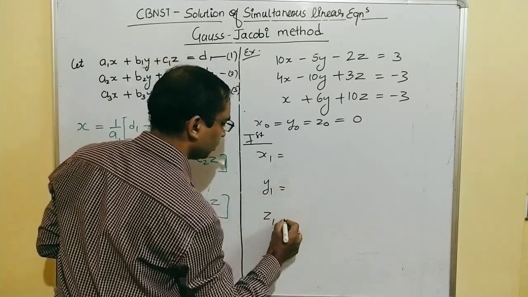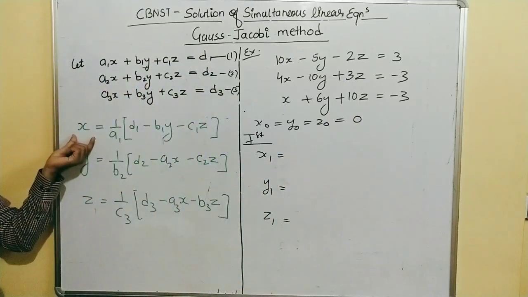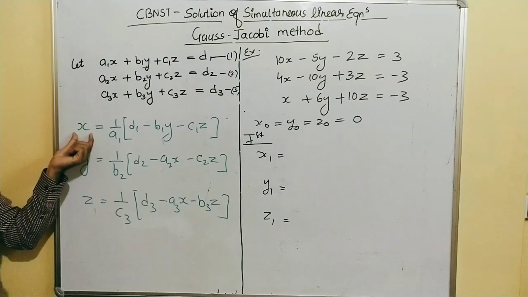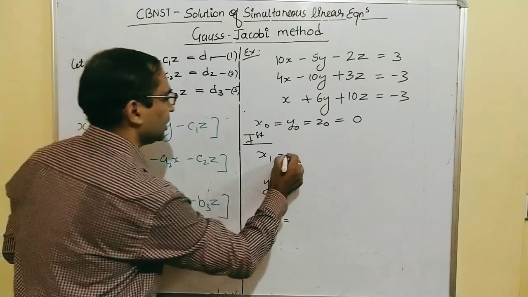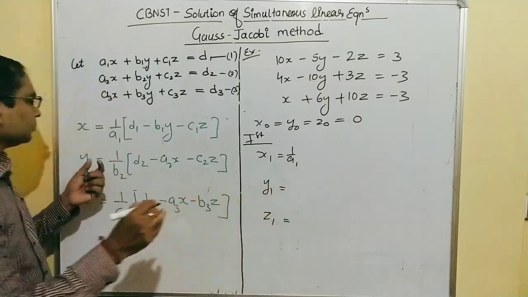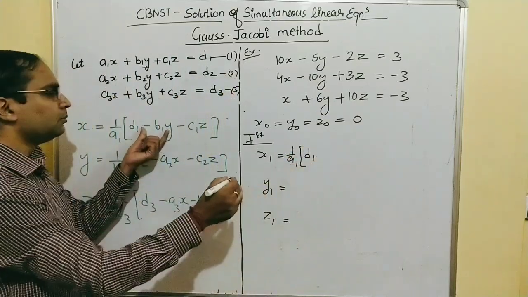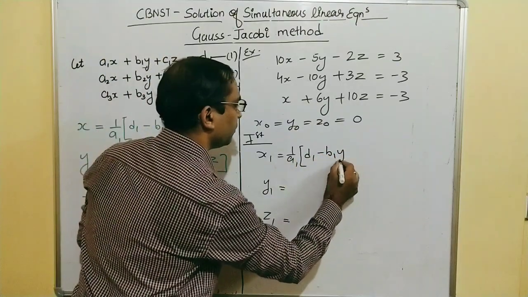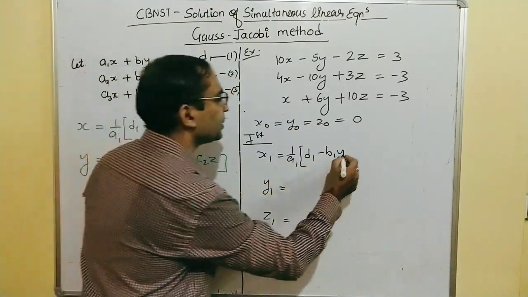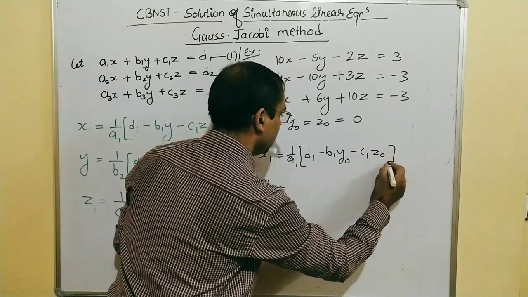What will be the value of x1? These are the equations we have already obtained. x1 will be equal to 1 upon a1 in the bracket, d1 minus b1 y0 minus c1 z0.